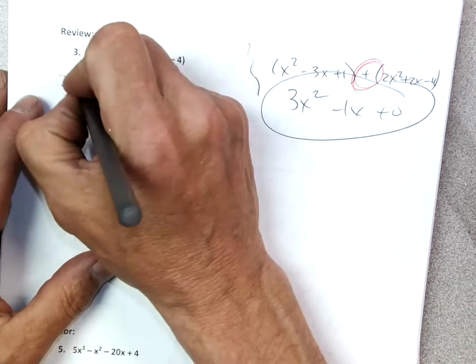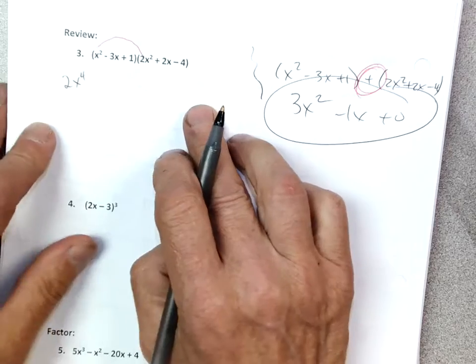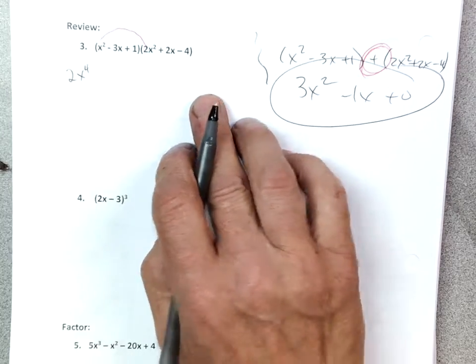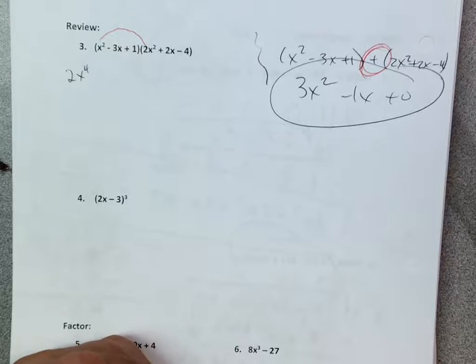That times that. X squared times 2x squared is 2x fourth. Why don't you guys try and do this one real quick and let's see if we get the same answers? You give it a try. I'll go slowly. I want you to try and do it.